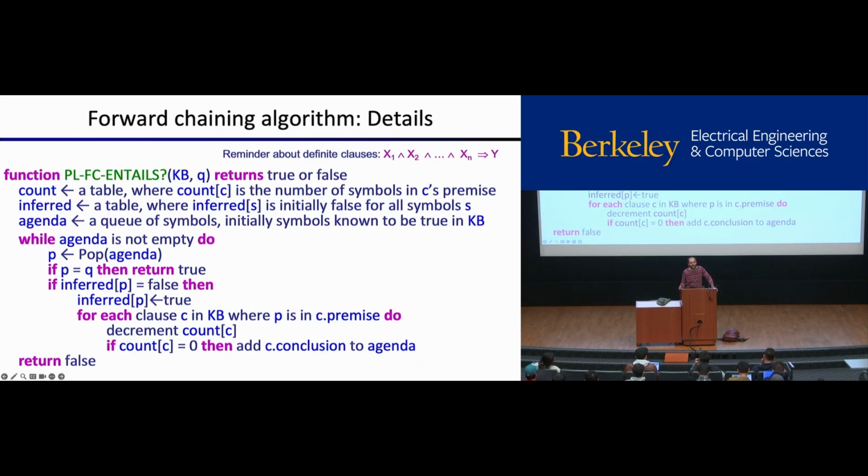So anytime we newly infer one of the symbols in the premise of this clause, we bring the count down. When the count gets down to 0, we have successfully inferred the conclusion, so we add it to the agenda. And then presumably, when we take it off of the agenda again, it will be newly inferred and we can move forward with situations where y is in the premise. Yes. C is the clause. It's going to be something that looks like this, and our knowledge base is going to be a set of clauses.